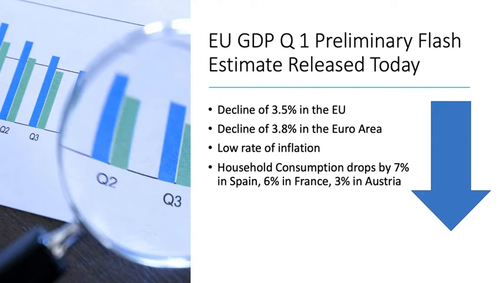For the Euro area, a subset of European Union countries that use the euro, those countries saw a decline in economic activity of 3.8%, from the fourth quarter of 2019 to the first quarter of 2020.